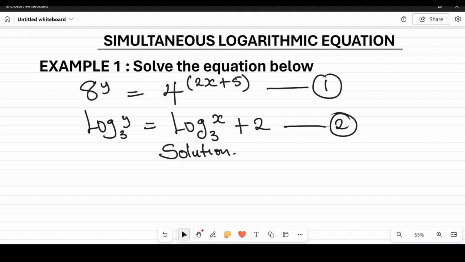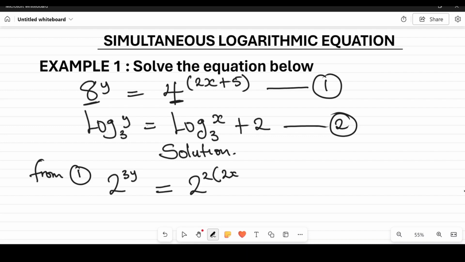So first of all, we start from equation 1. From equation 1, we have to express 8 and 4 as powers of their base. So we know that 2 to the power of 3 is equal to 8, and 4 is equal to 2 to the power of 2 multiplied by the index.